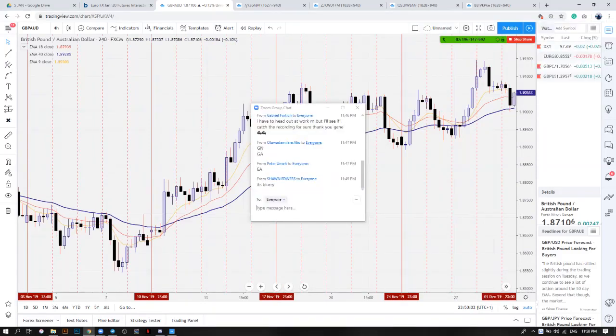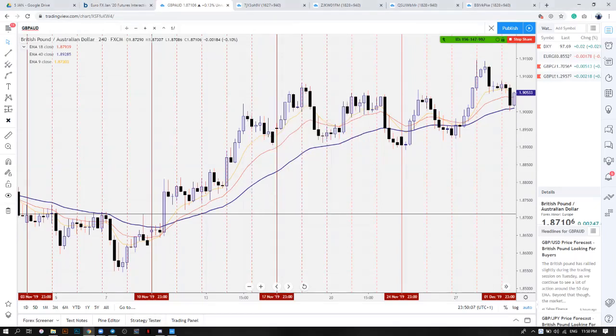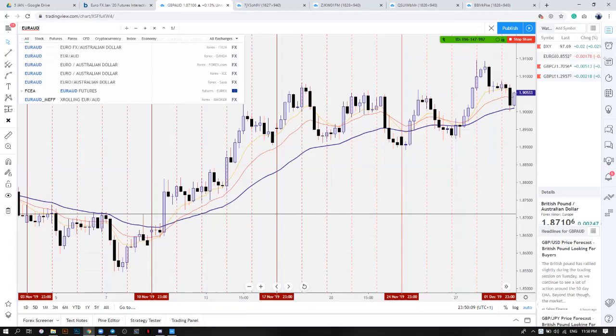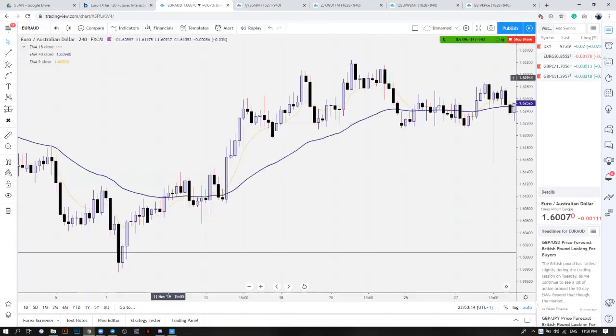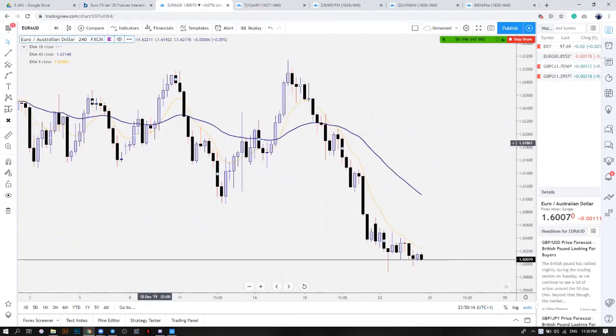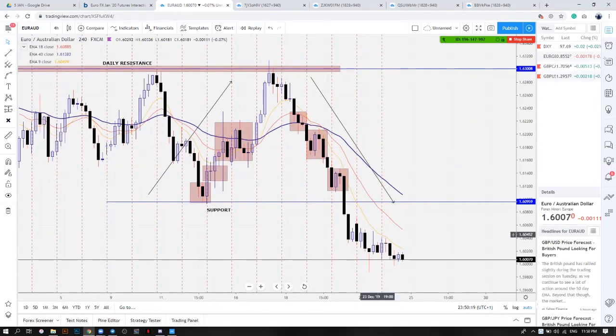Okay, if it's blurry, it's your Wi-Fi. All right, so someone said EUR/AUD. It's the same thing on all these currency pairs. Bring out any forex currency pair, you're going to see the same thing play out in the marketplace. The EUR/AUD trade that you guys saw me catch last week came Tuesday London open.